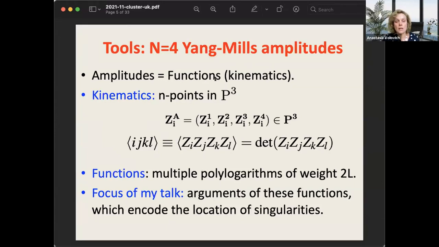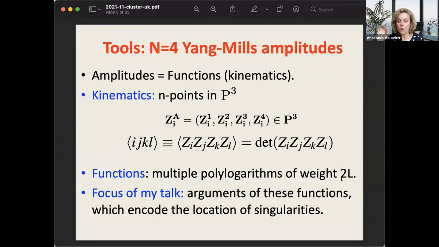Now, what kind of functions are these amplitudes? The functions are usually multi-polylogs of weight twice the number of loops. So for example, for 2-loop amplitudes, it's weight 4, like log to the 4th, Li4, etc. So these are known functions.